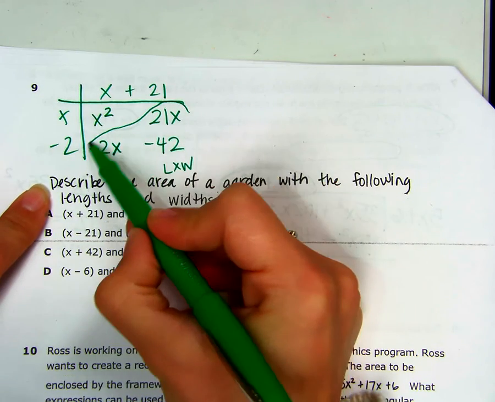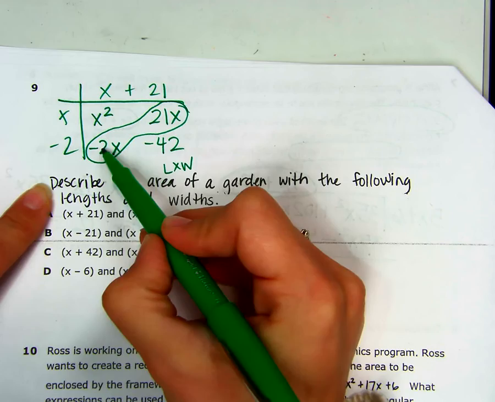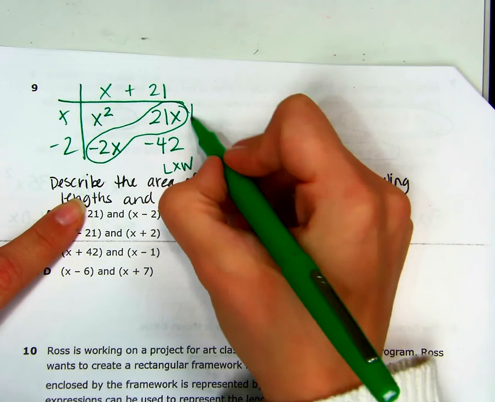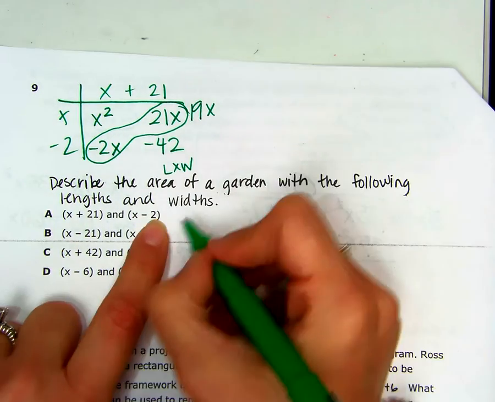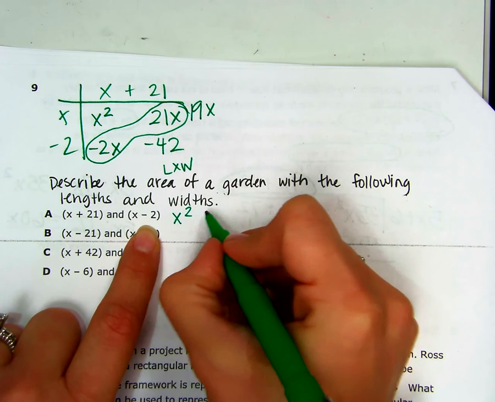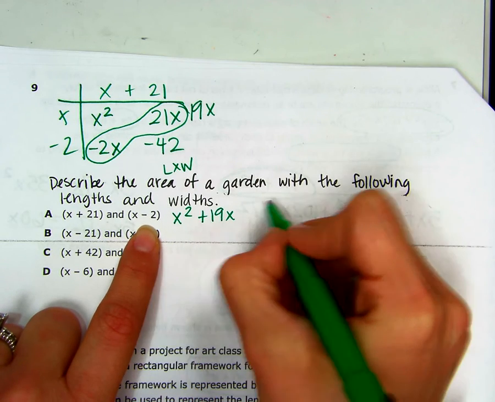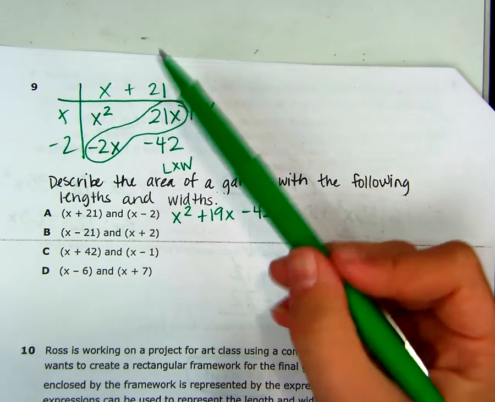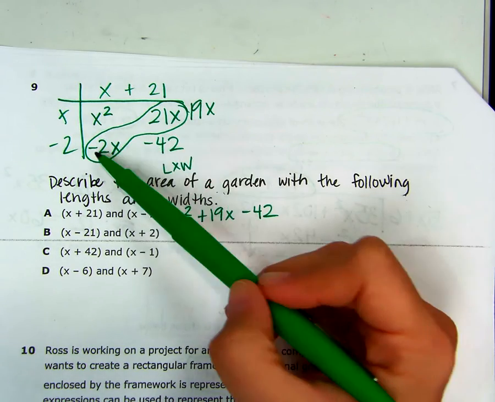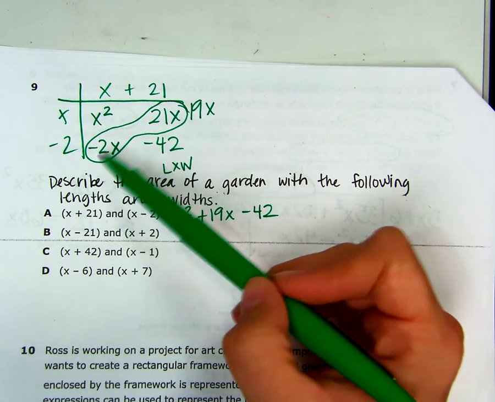Here are my like terms. 21 minus 2 makes 19, so that's 19x. So the area of this first one is x squared plus 19x minus 42. The biggest thing here is to remember that you're multiplying when you fill in your box, and then when you combine them, you are adding.